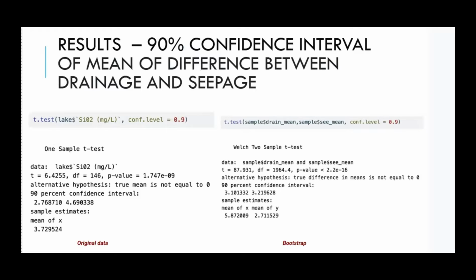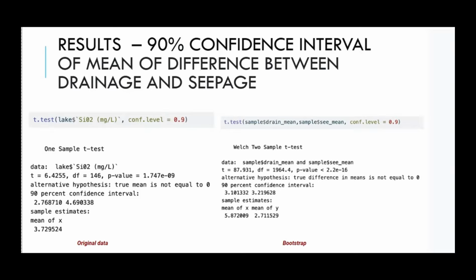And then we can use the t-test to find the 90% confidence interval of the mean difference between the drainage and the seepage. There are two datasets. The first one is our original data, and the next is our bootstrap data.